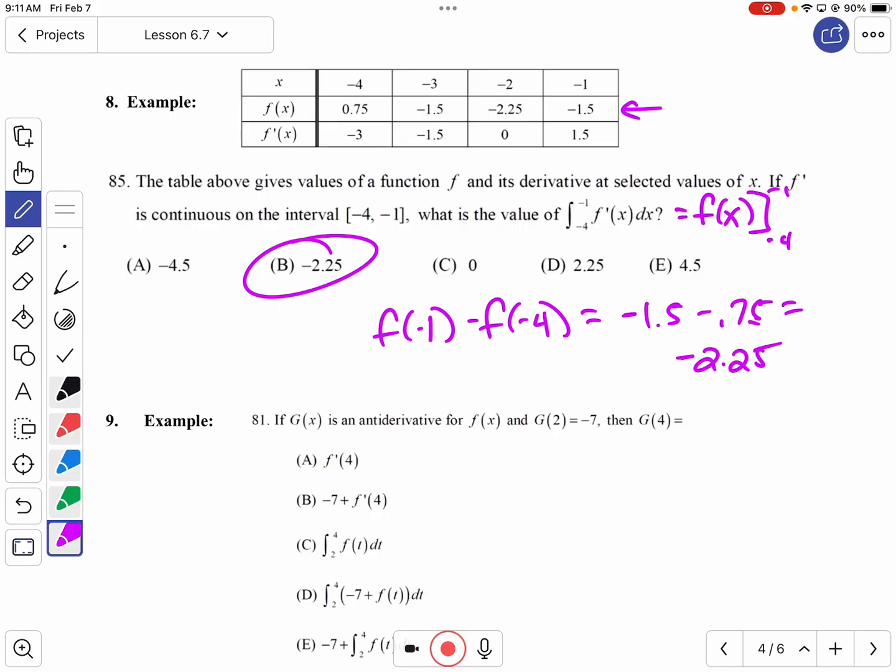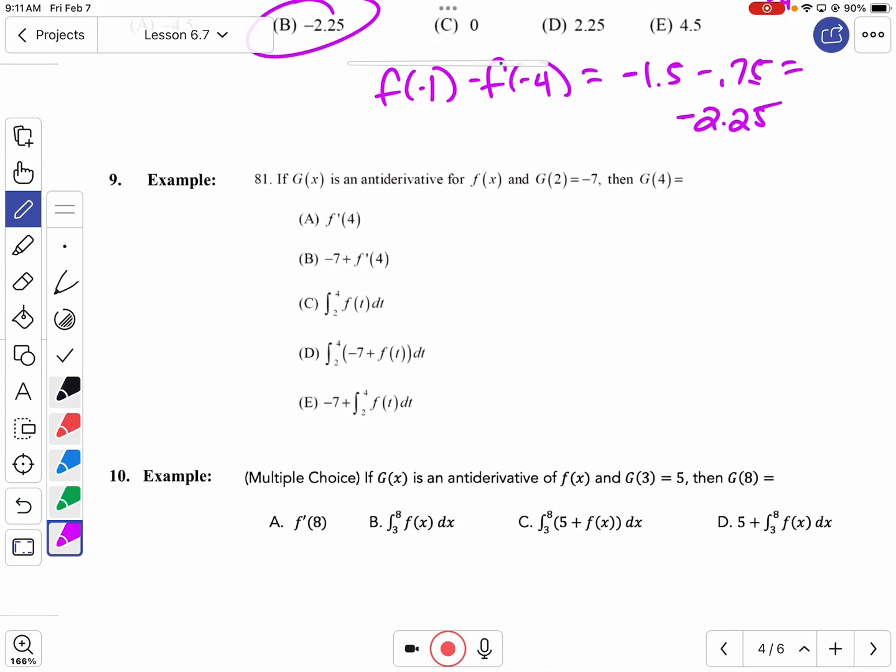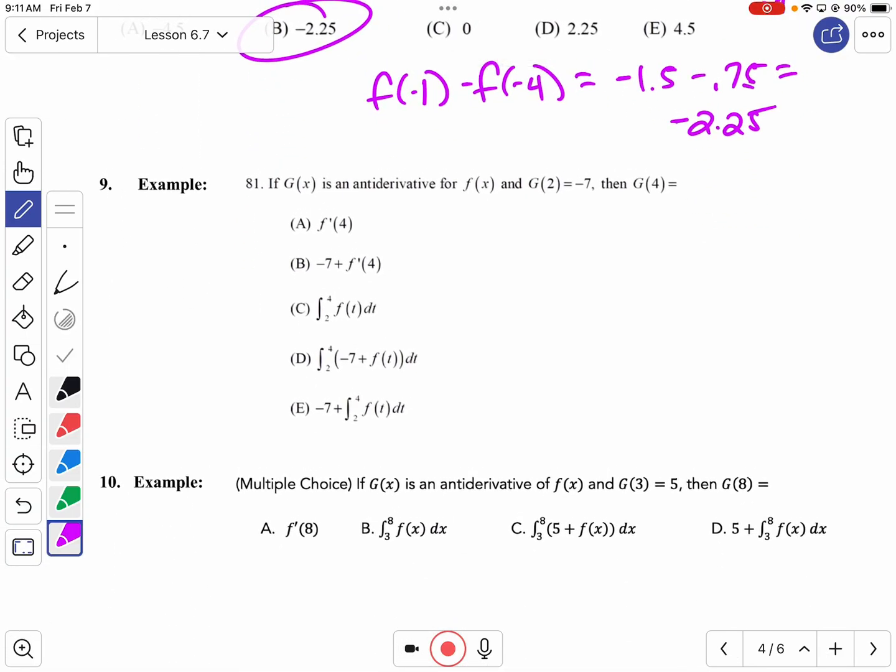Now, let's look at this next one. This one is a calculator active question because the number that's on it is 81, and that's where we see a lot of our theory-based math. Here's what it tells me. It says that g of x is an antiderivative for f of x.